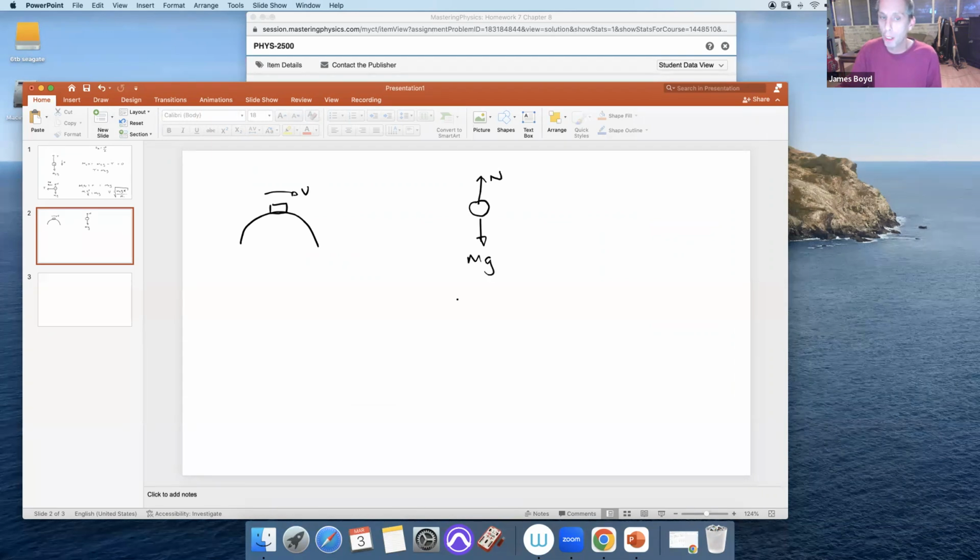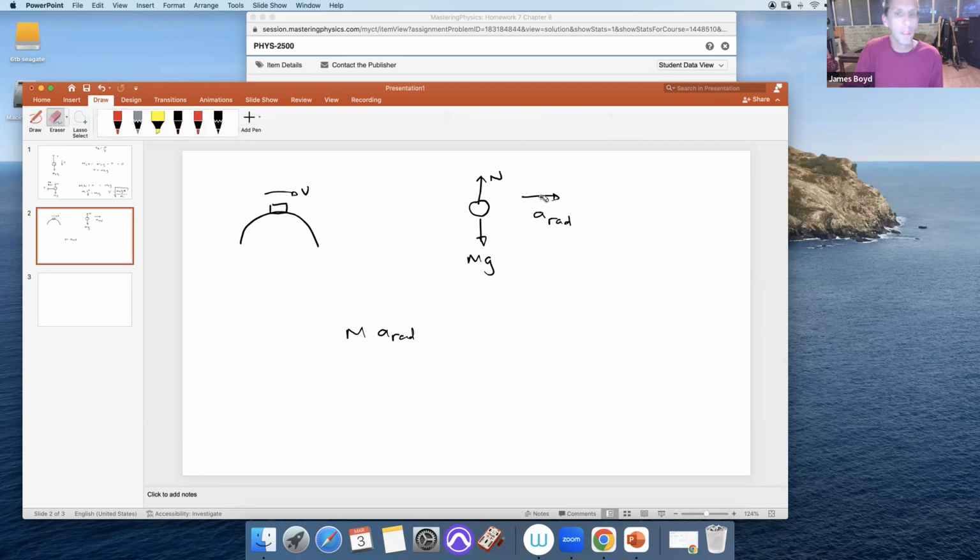It has to have mg down, but because it's moving in what we assume is uniform circular motion, the acceleration is a_rad. So what we get is m a_rad. And I'm sorry, I drew that wrong because I'm being dumb. Acceleration is down.